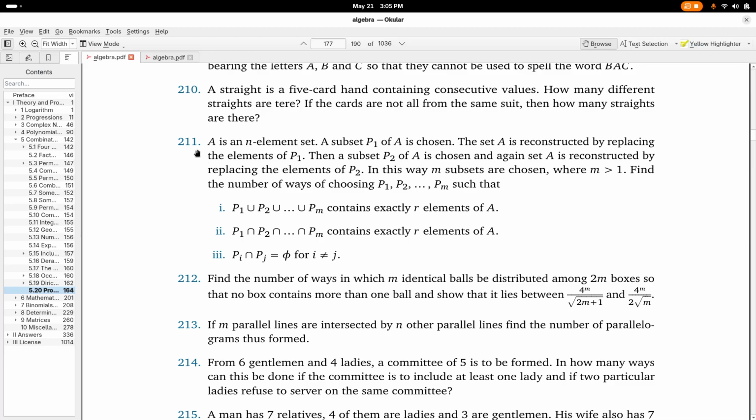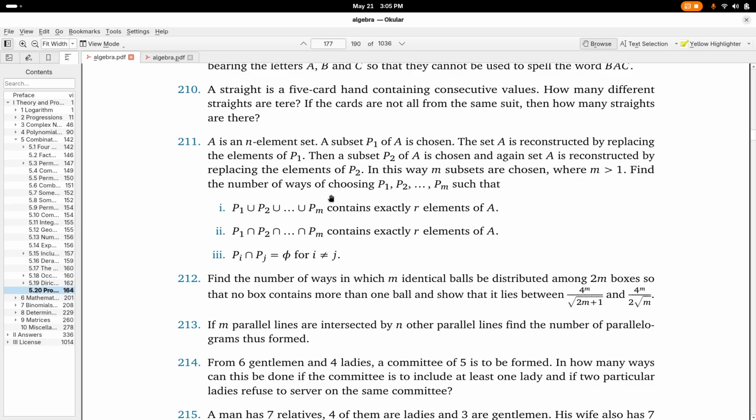Question 211 says that A is an n-element set. A subset P1 of A is chosen. The set A is reconstructed by replacing the elements of P1. Then a subset P2 of A is chosen, and again set A is reconstructed by replacing the elements of P2. In this way, m subsets are chosen where m is greater than 1.